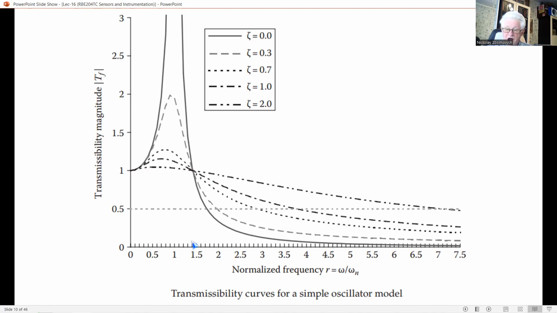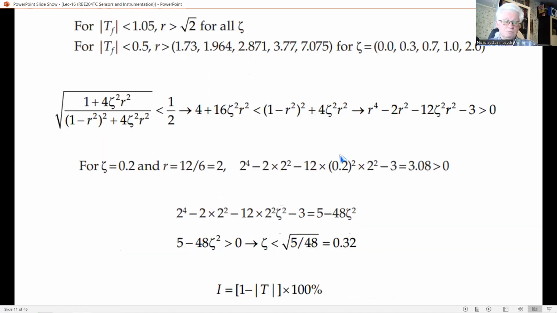We can see that as r increases, T sub F is decreasing, right? So, in two particular situations, from the transmissibility curve, we observe the following two expressions.